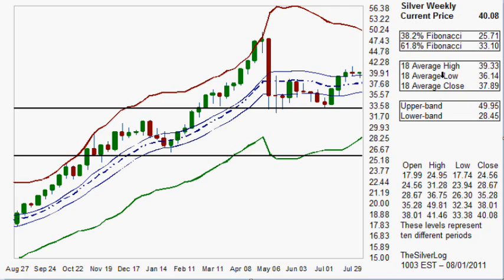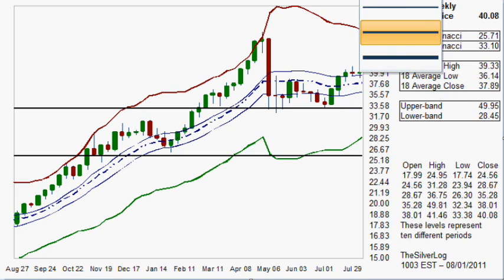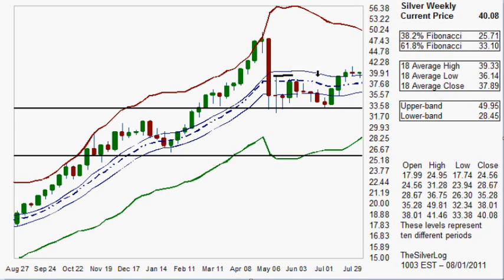It is, however, breaking away from this 18-period average after being in there for a little over 2 months. And again, as we can see on here, it's been holding now for about 3 weeks, mostly above this previous resistance line.